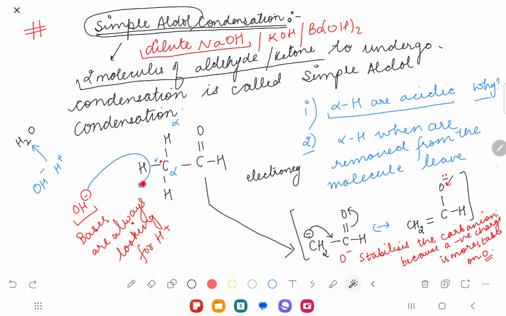And when that happens, there is a negative charge on this particular carbon, so it shall form CH2, C double bond O and H. Yes or no? So what is going to be formed? It is going to be CH2 negative and double bond C and O negative and H.